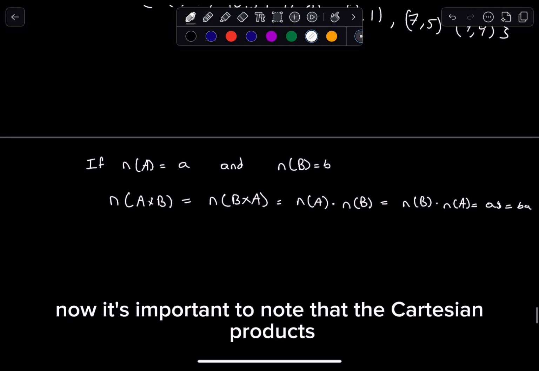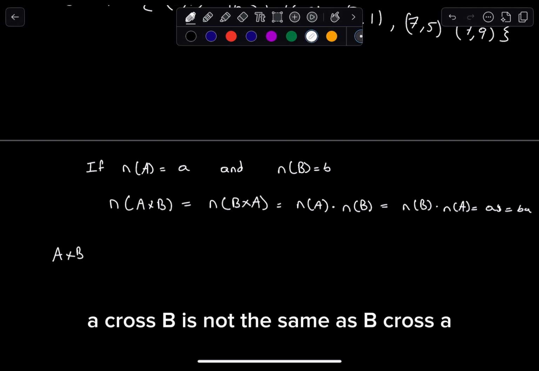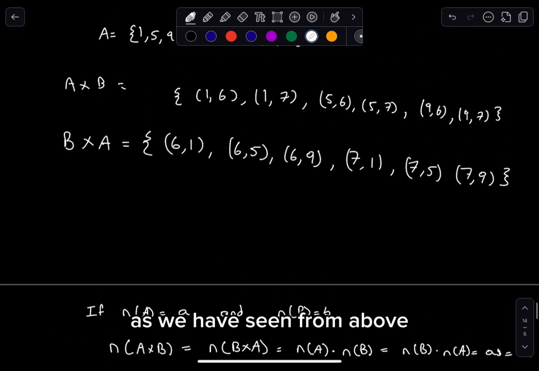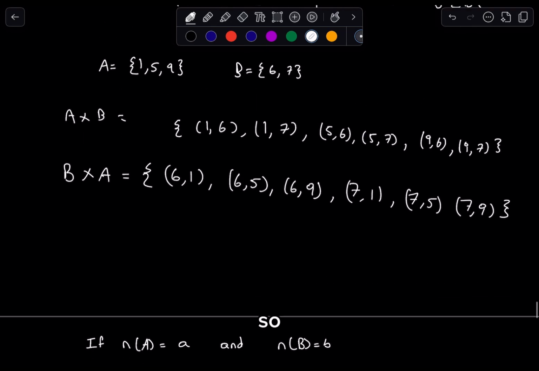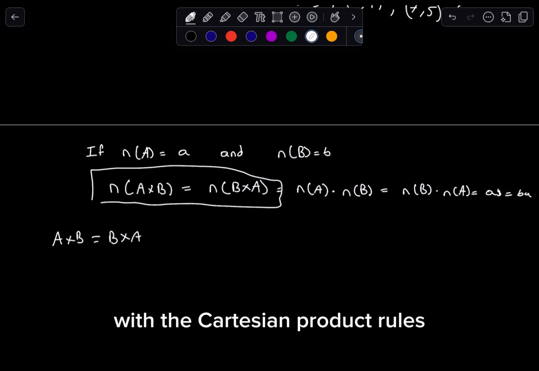Now it's important to note that the Cartesian product A cross B is not the same as B cross A, as we have seen from above. So don't get the cardinality rules confused with the Cartesian product rules.